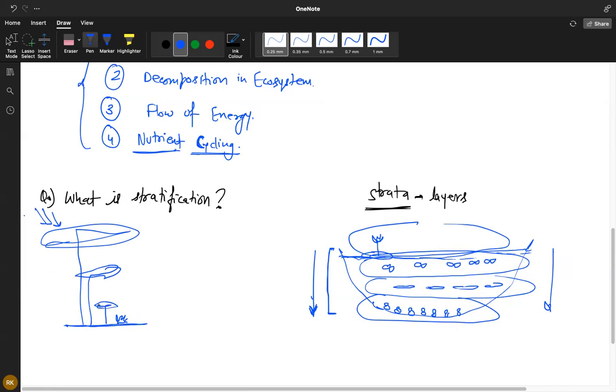And this tree and this tree and then this grass, they're all growing in each other's shade. Can you see that? So very little light reaches the bottom of the forest floor, a very dense forest I'm talking about. So these plants, which are smaller, they don't try to grow taller to compete. What they do, they have adapted for low light conditions. So they can only flourish well in low light conditions.